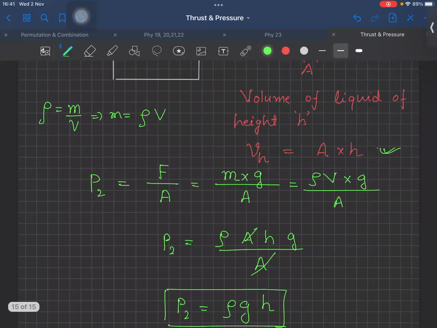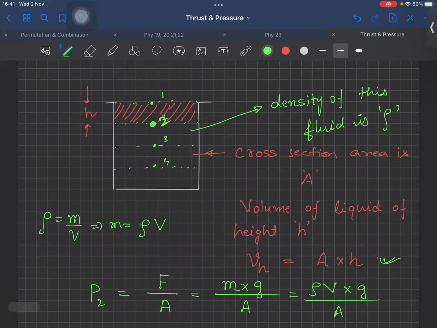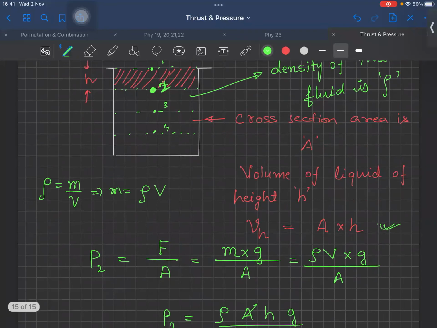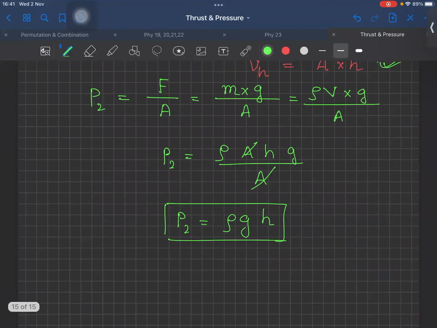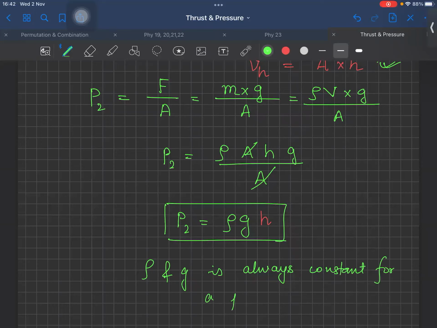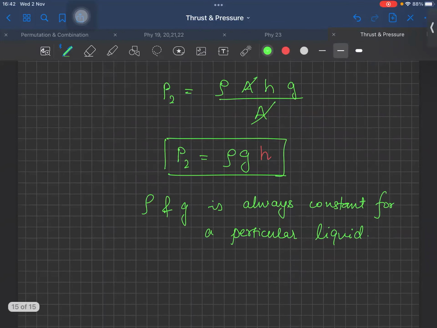The pressure because of the liquid filled inside this tank is only because of the height, right? The height is the only factor that will vary. Rho and G will remain constant for a particular liquid. Understood? But height keeps on varying.